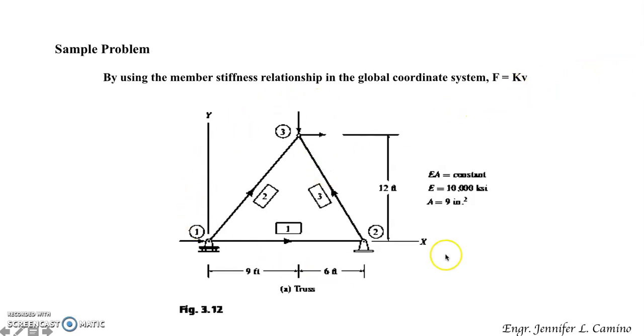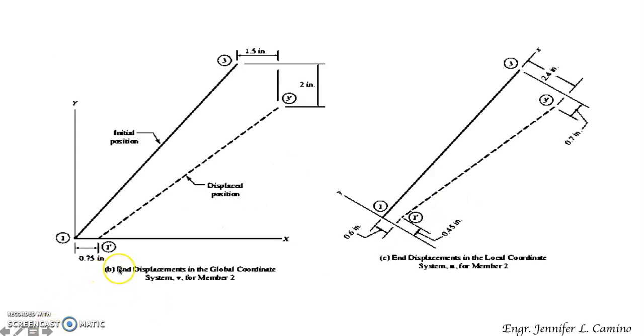So this is our actual truss. We are given some parameters, and we are also given the end displacement in the global coordinate system for member 2. So we have V1, which is 0.75 inch, V2 is 0, V3 is 1.5 inches, V4 is negative 2 inches.